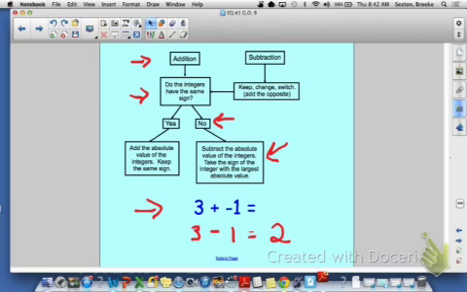After I subtract the absolute value of the integers, it says, take the sign of the integer with the largest absolute value. So I have to go back to my original problem to think about that. The integer with the largest absolute value was 3, because it gave me an absolute value of 3. Since 3 is positive, so is my answer, positive 2.